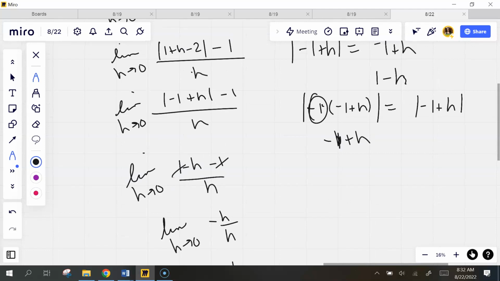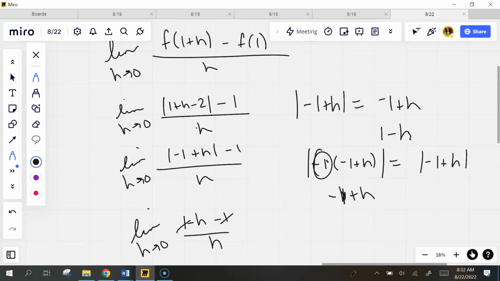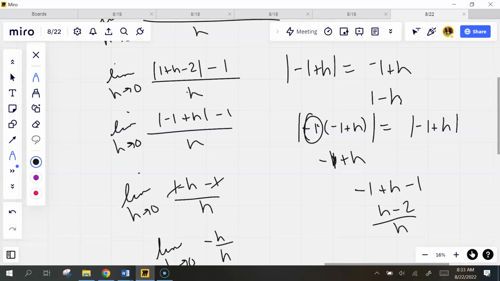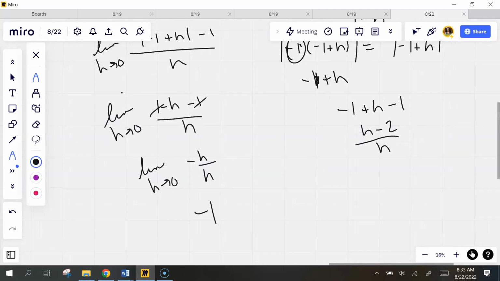If I just dropped the absolute value, because that's one solution set, -1 plus h minus 1 is going to be h minus 2. And since I'm over h, that still doesn't allow me to sub in. So then I went the other way to see if I could sub in. And I could. Don't sweat that as much, because the limit of a constant is the constant.